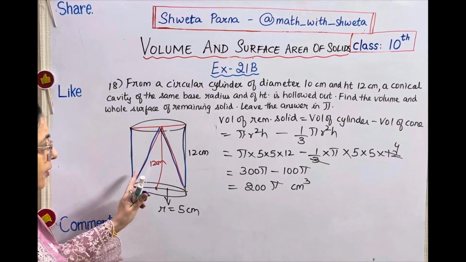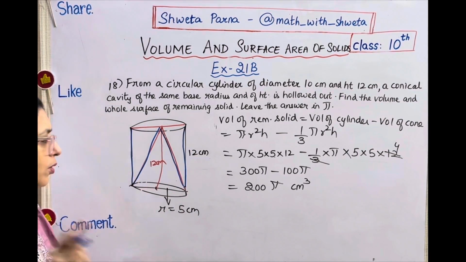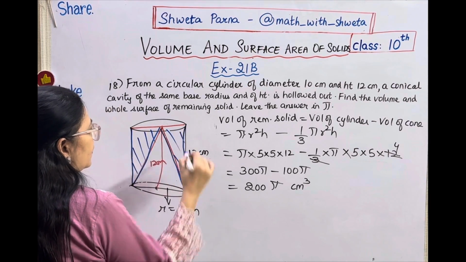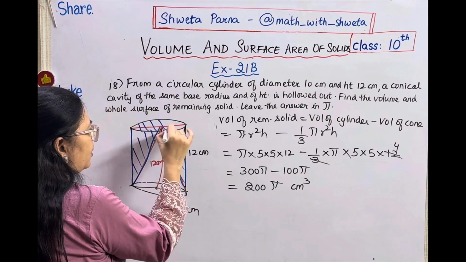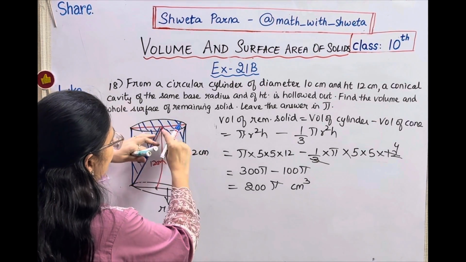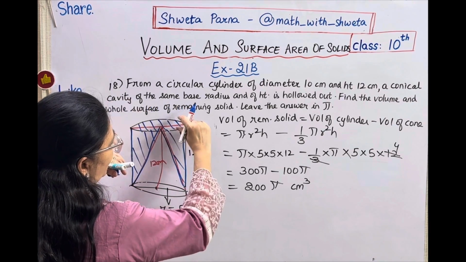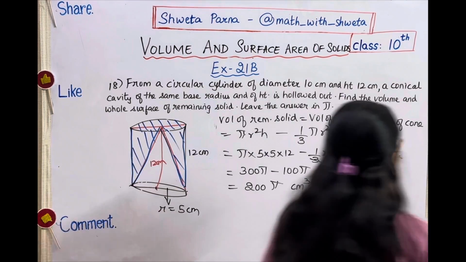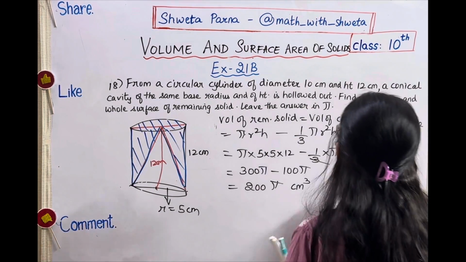It is curved surface area of cone. Now what is still remaining here? Area of a circle, the upper part. See here, when it is touching, this part is left here. So area of a circle is also left. So that is the whole surface of the remaining solid.